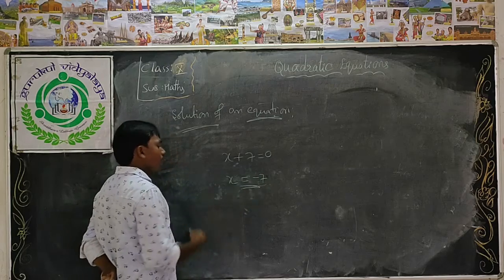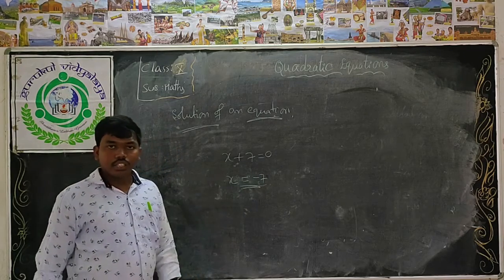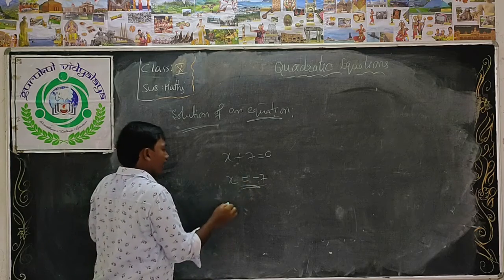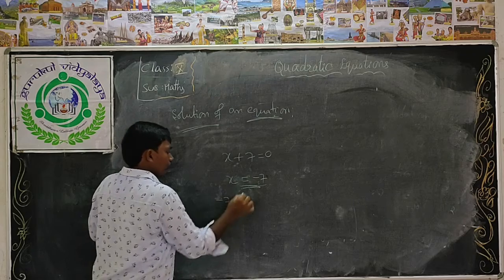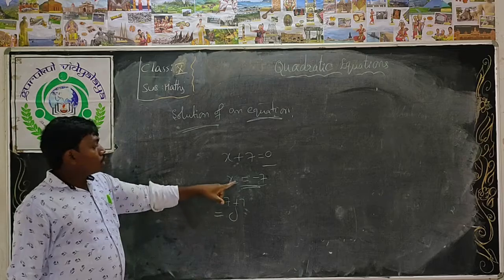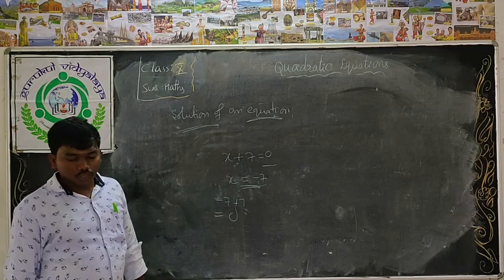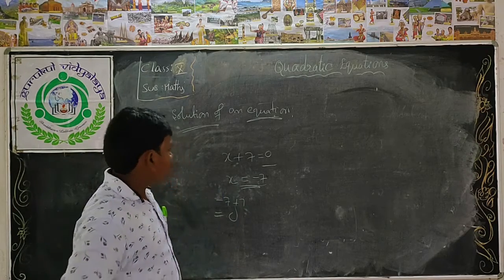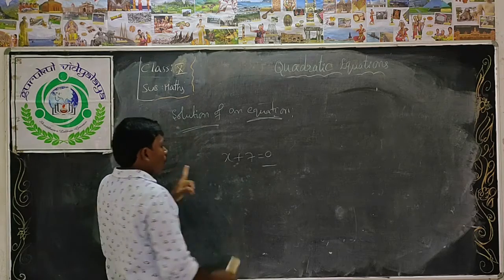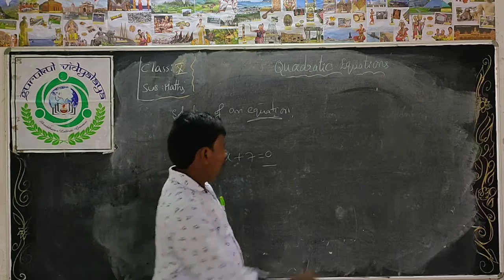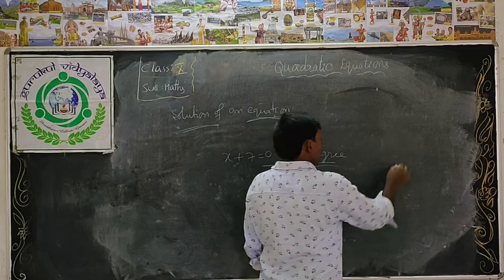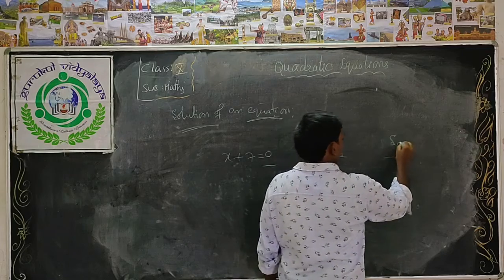So minus 7 is the solution of the equation. Once check: instead of x we have to substitute minus 7, and plus 7 gives 0 on the RHS. Yes, this is the solution of the equation. Okay children, this is the linear equation. A linear equation has only one solution. The degree is 1, the number of solutions is also 1.